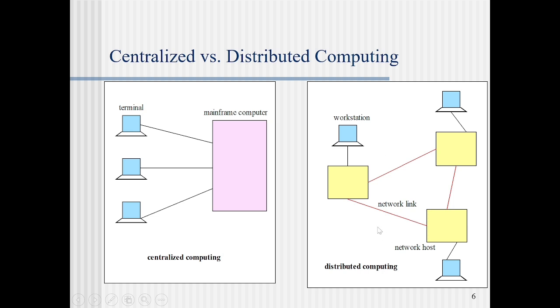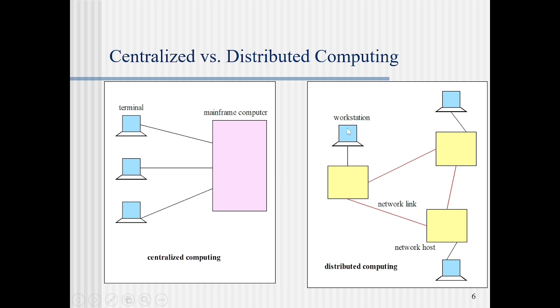In distributed computing, each workstation is connected via a network host. All the network hosts are connected via the network link. Each such network host group we can call a LAN, and all the LANs are connected by the network link. This is the difference between centralized computing and distributed computing.